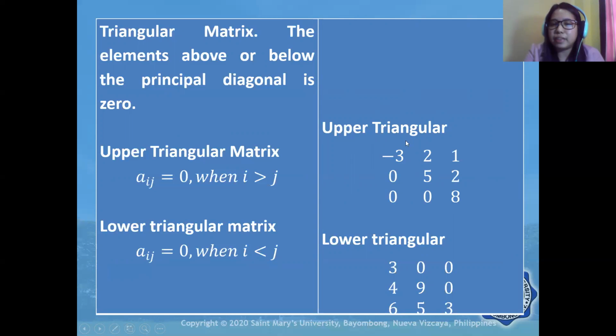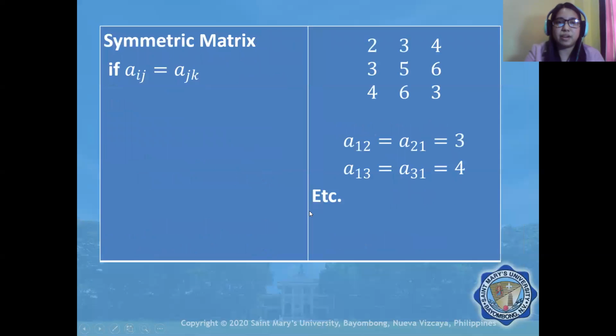So we have N3, it forms a triangle. It is upper triangular. While for the second one, the zeros are located above. So it means that the triangle formed with N3 not equal to 0 is located below. So it means that it is a lower triangular matrix.